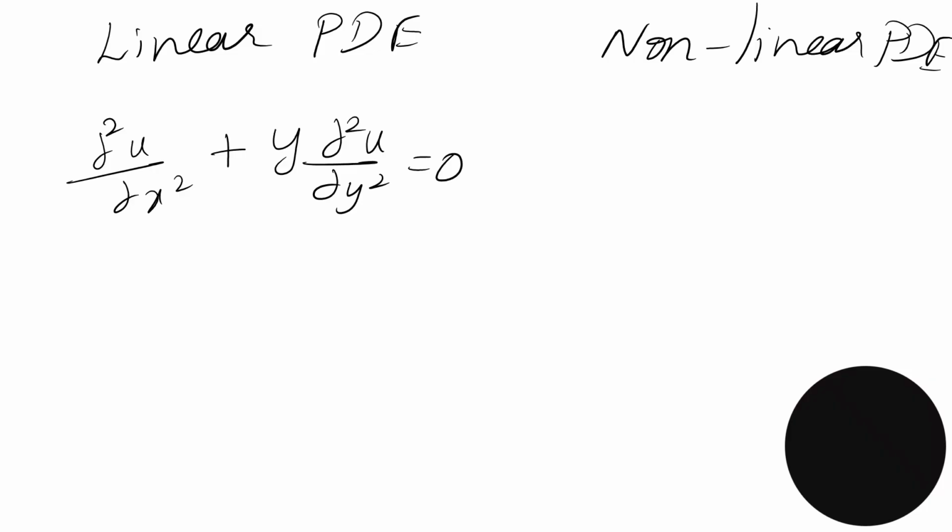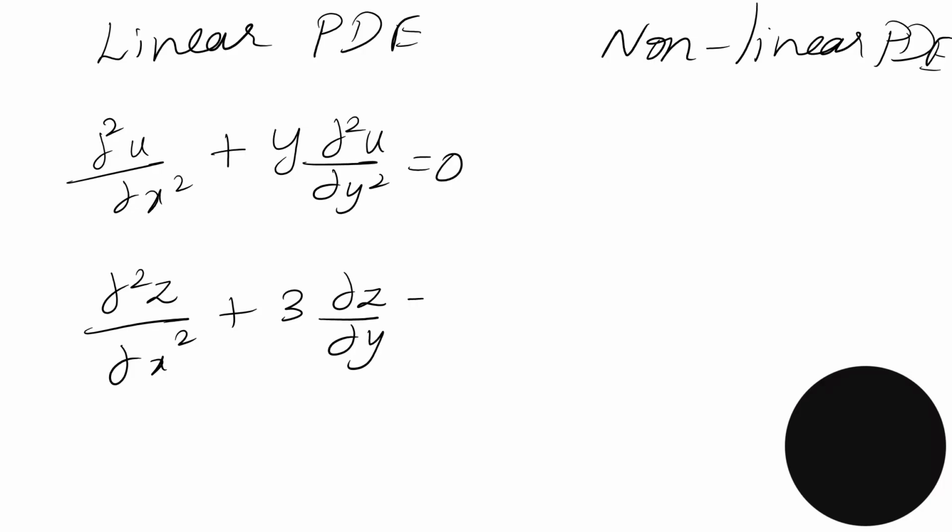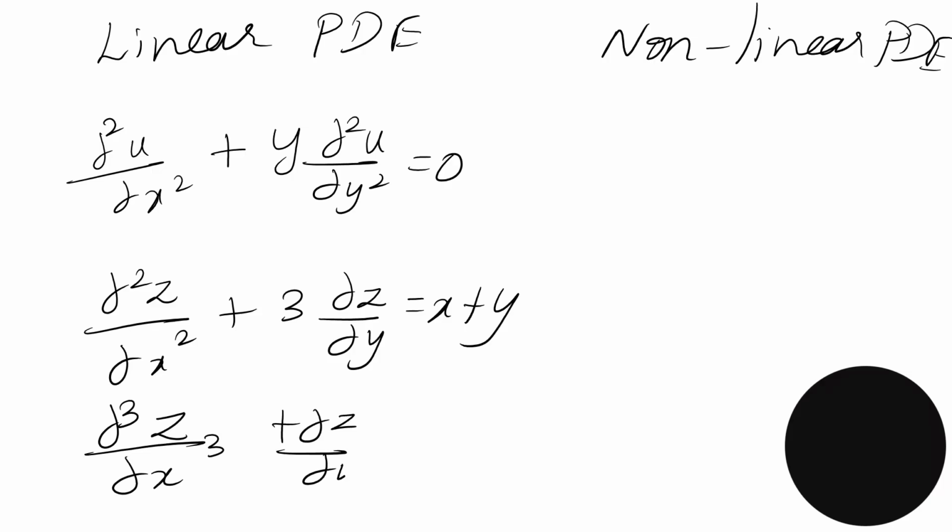One more linear equation: dou square z by dou x square plus 3 dou z by dou y equal to x plus y. This is also linear. One more example of linear is dou cube z by dou x cube plus dou z by dou y equal to 0. See, this is linear but third order. The previous is linear but second order. This is also linear but the order is 2.